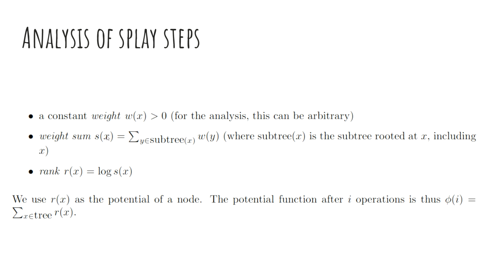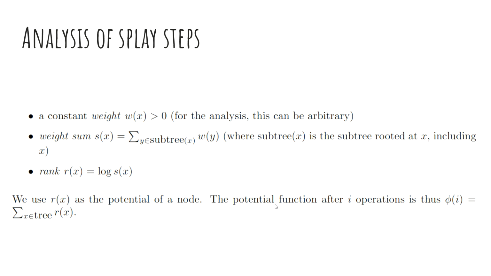And this is actually used by other analyses, but you could have another constant too. There's not much difference. The rank r of x is equal to log s of x. The r of x is the potential of a node.